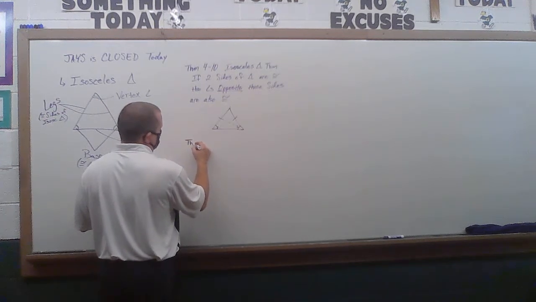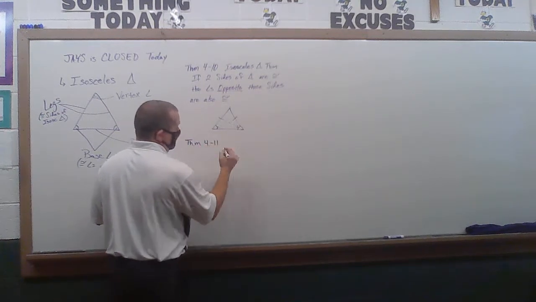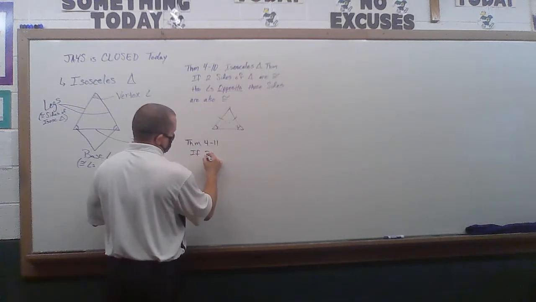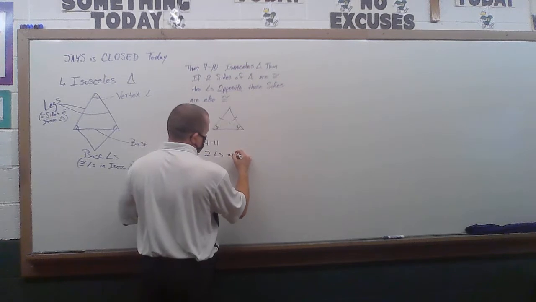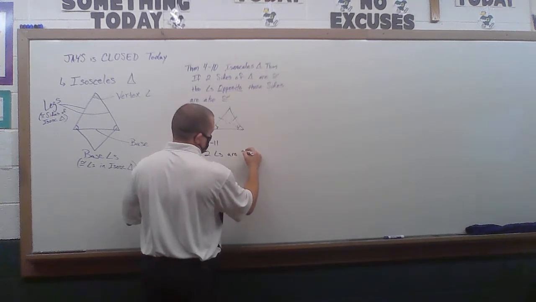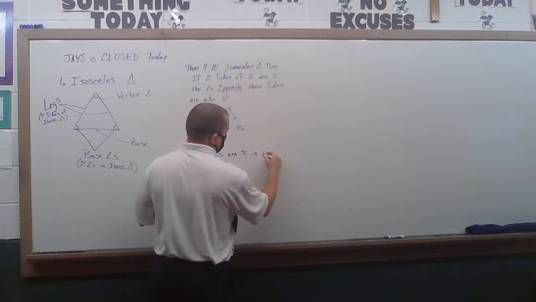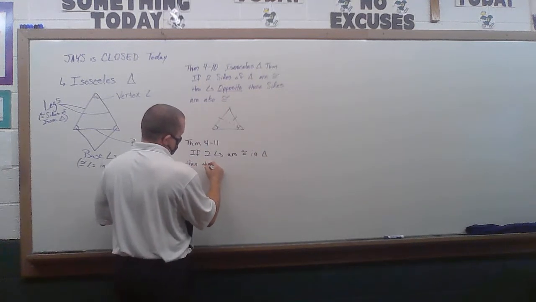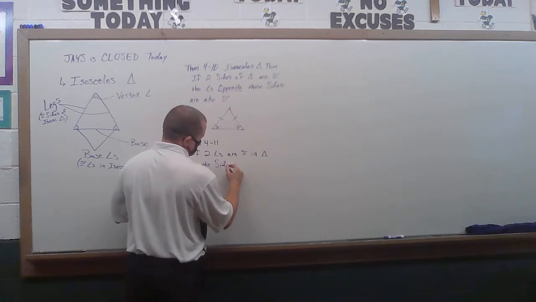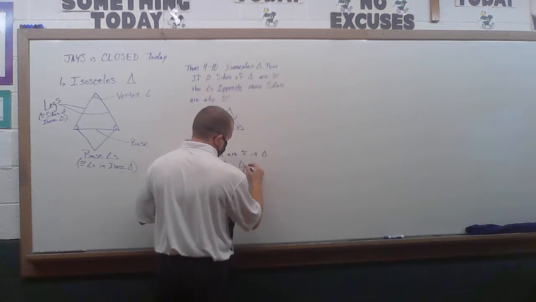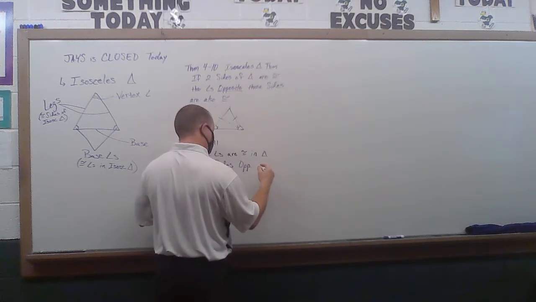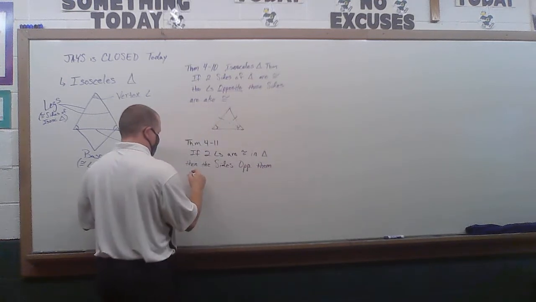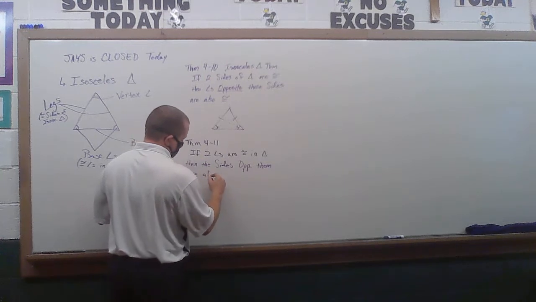In theorem 411, we're going to just go in the opposite direction. So if two angles are congruent in a triangle, then the sides opposite of them are also congruent.